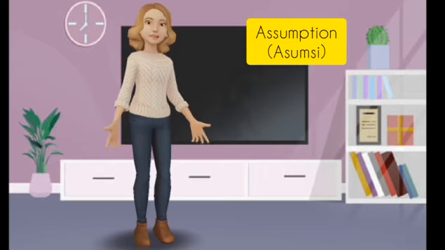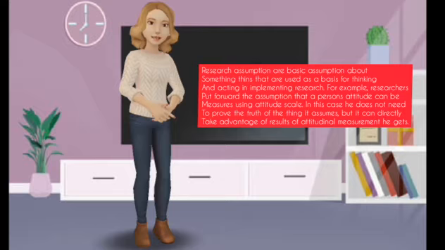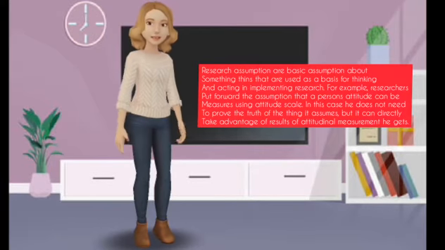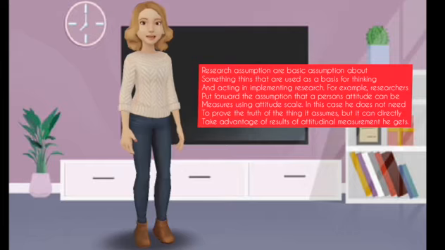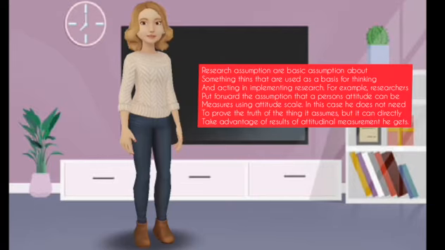Number 5. Assumption. Research assumptions are basic assumptions about something, which are used as a basis for thinking and acting in implementing research. For example, researchers put forward the assumption that a person's attitude can be measured using an attitude scale. In this case, he does not need to prove the truth of what he assumed, but he can directly take advantage of the results of attitude measurement he gets.